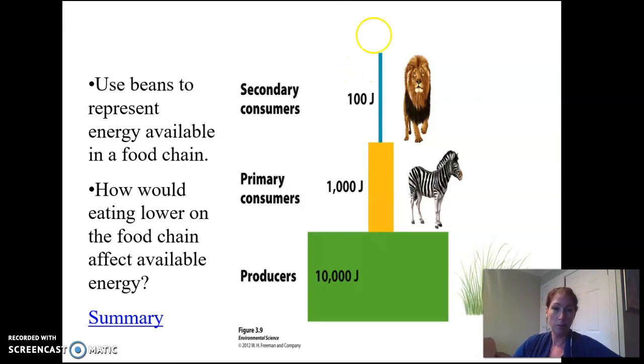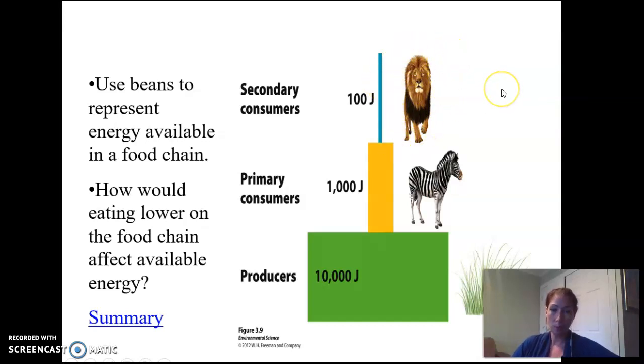So whenever you have a typical food chain, what you tend to see is that your numbers always have to get smaller up at the top. You can't have an inverted pyramid here because we always have to have smaller numbers of our top predators, because energy is lost every step of the way. So this is why you don't have a lot of lions, you don't have a lot of tigers, because they are top predators.